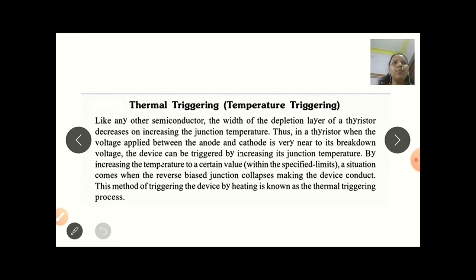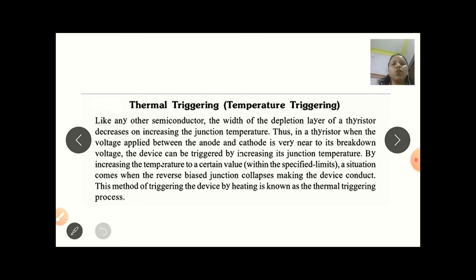At this moment the voltage is higher, and with the presence of a small amount of leakage current, this gives rise to some power dissipation, or heat dissipation. Due to this heat, the junction temperature increases.